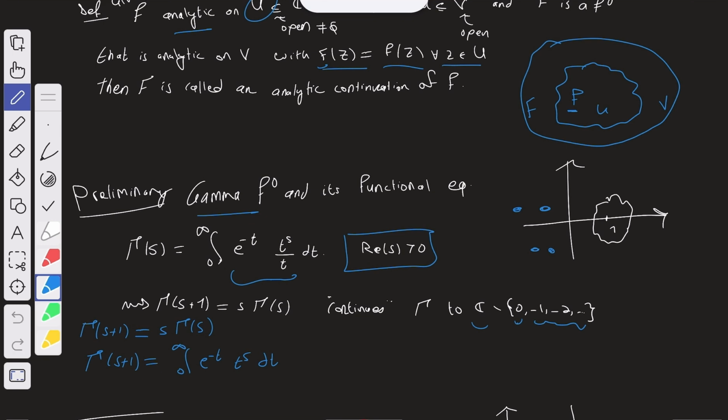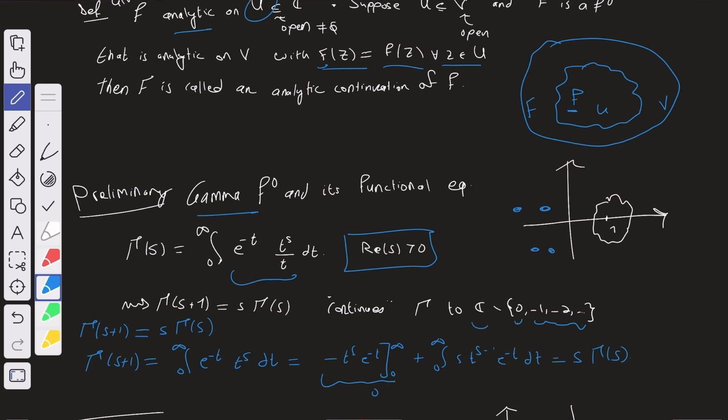And then we simply integrate this by parts. What do we get? We get minus t^s e^(-t) between 0 and infinity, plus the other integral of s t^(s-1) e^(-t) dt. It's quite easy to show that the first term is 0 and the integral is just s gamma(s).